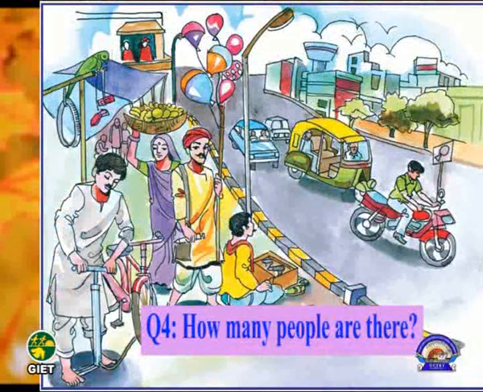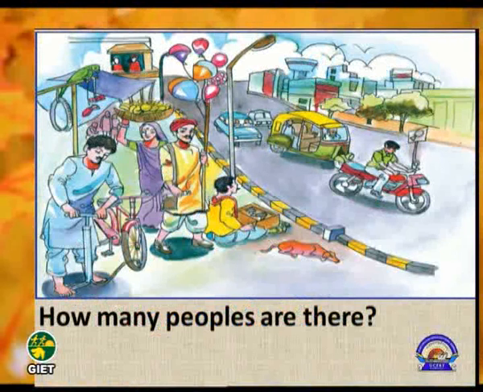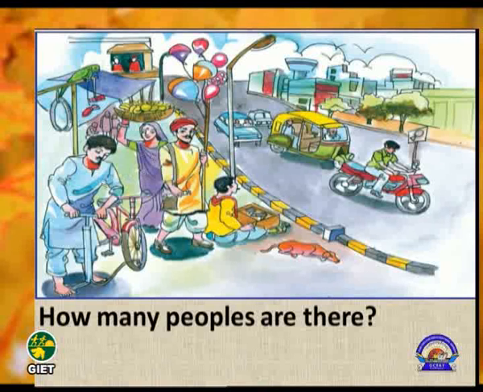Our next question is, how many people are there? Even though this is a marketplace, there are very few people. Let's count them. How many people are there? Let's start with this shoe mender. 1, 2, 3, 4, and at the back side we can see 3 more people, 5, 6 and 7.